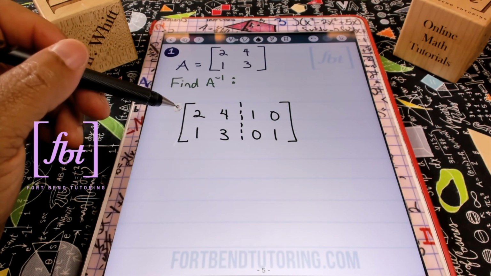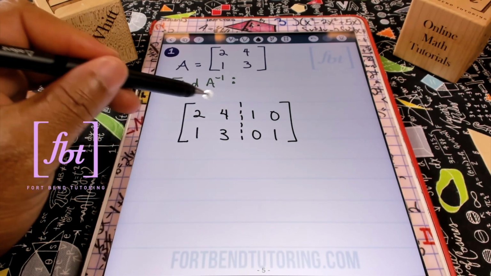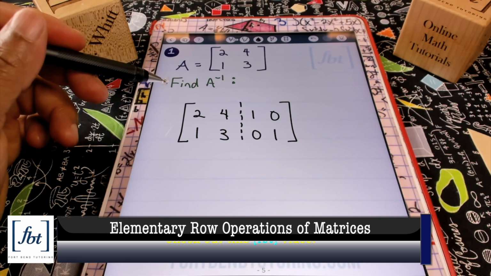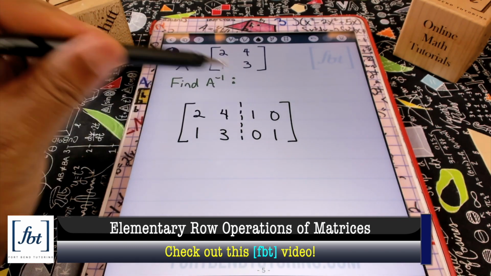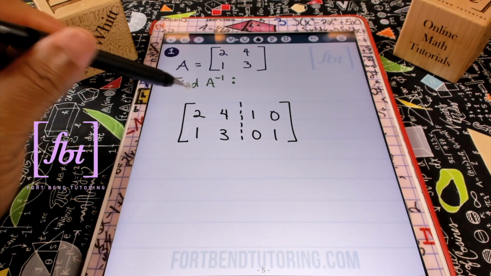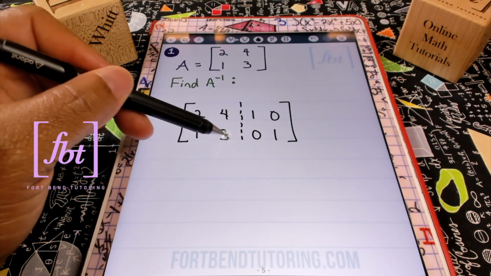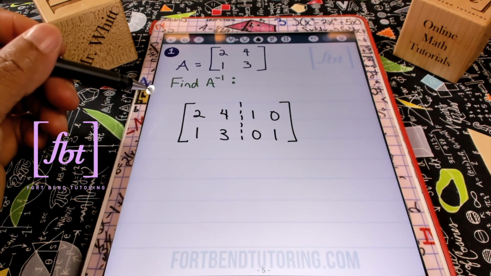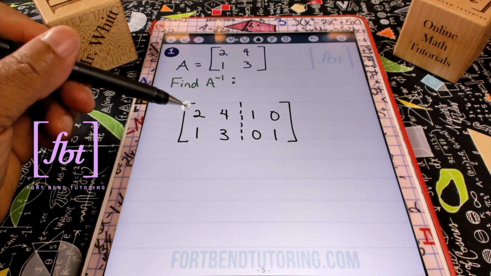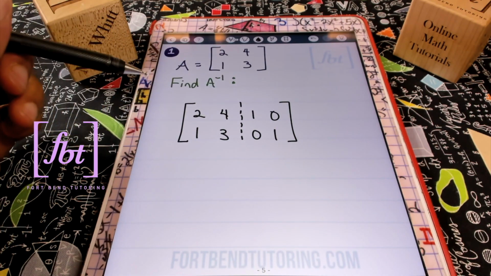What you're going to do from here is use any row operation available to you to make the left side look like the right side. In other words, you want to make a reduced row echelon form of the left side of this augmented matrix. And whatever you do to the left side, you must also do to the right side.